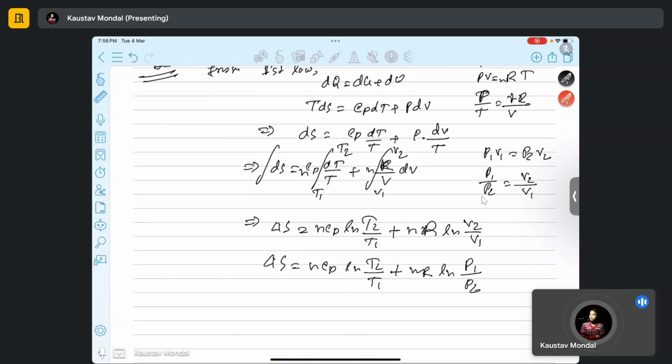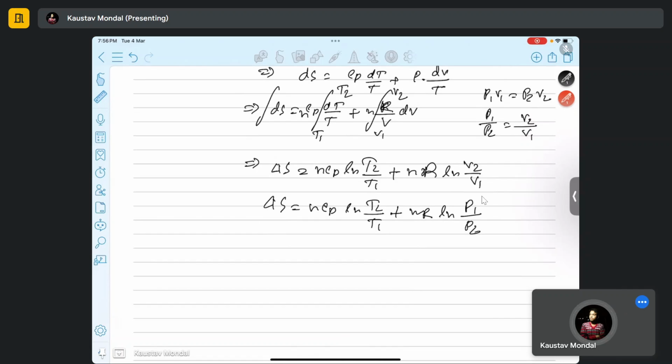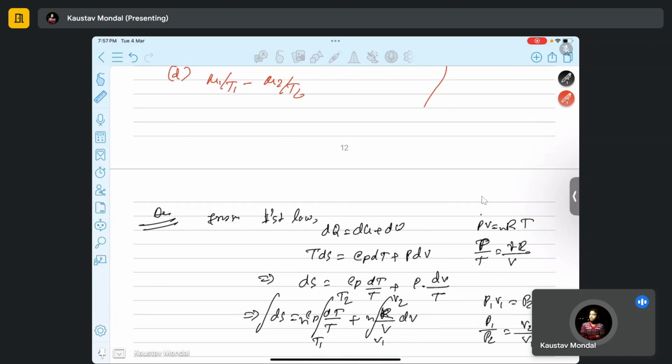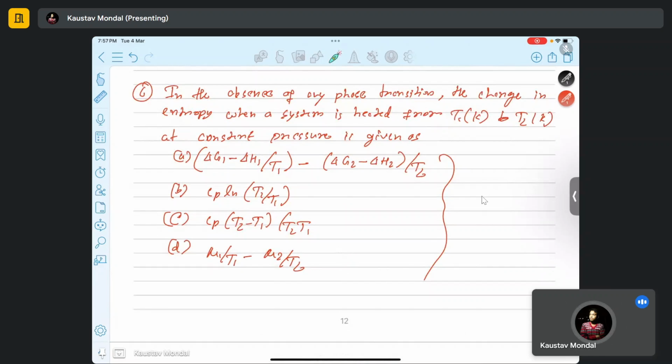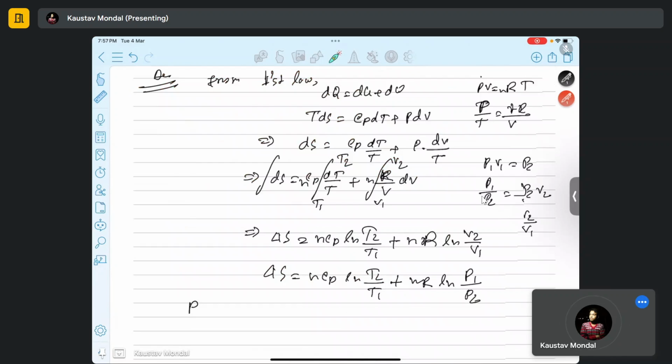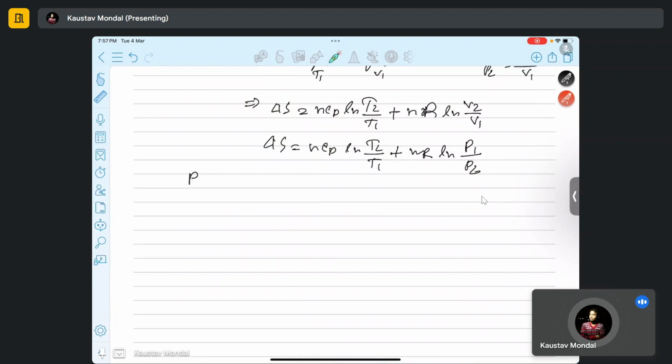But here there is no phase change happening, right? So there is no volume change and nothing is happening. This whole thing is at constant pressure, right? In the problem it's mentioned that it's at constant pressure. So P1 and P2 are basically the same, P1 is equal to P2.